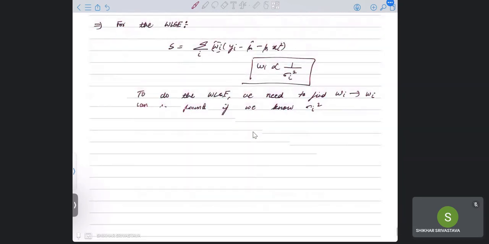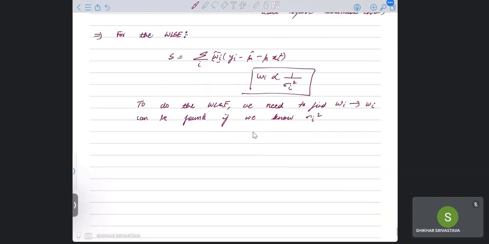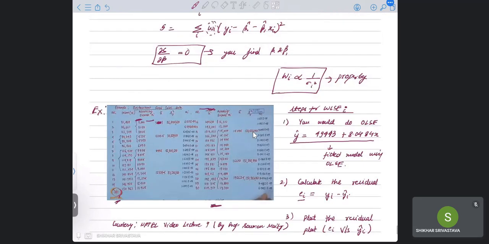So what we'll do is that we will consider all the x values which are very near to each other, like these three, similarly these two values are very near to each other, similarly these five values are near, and so on.